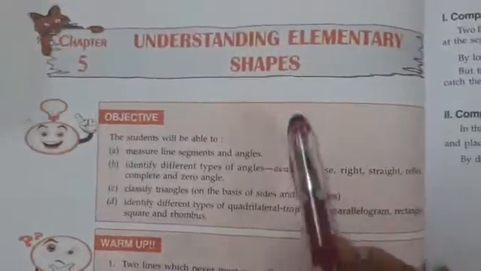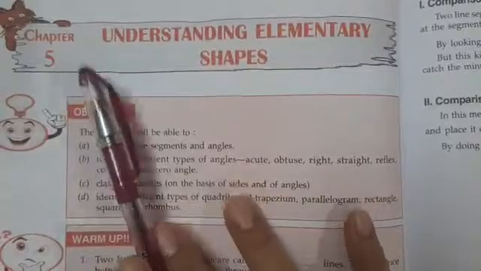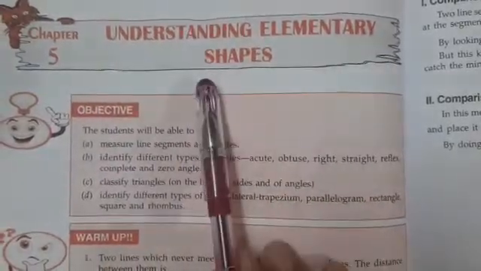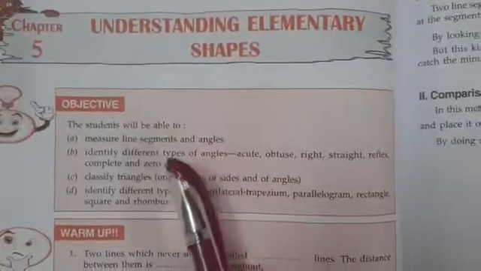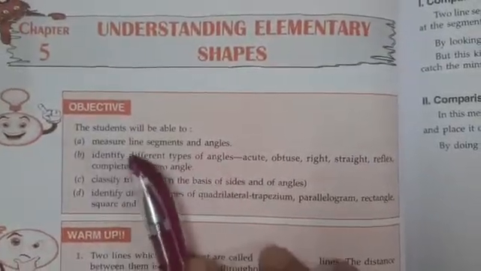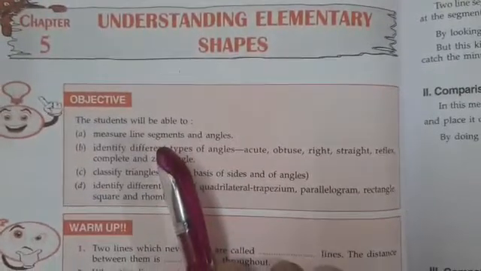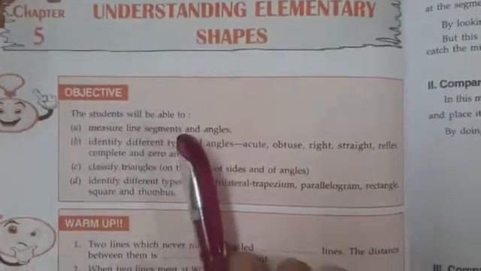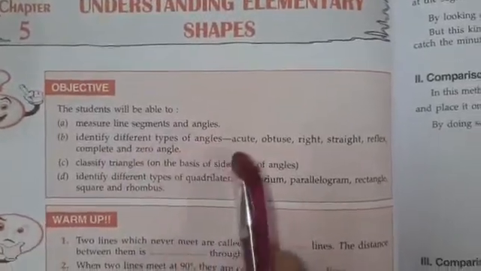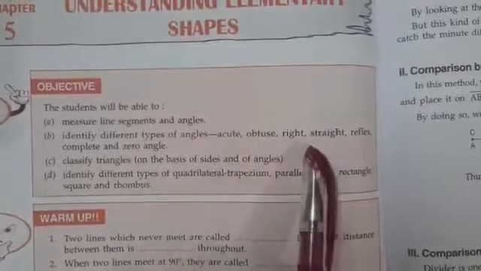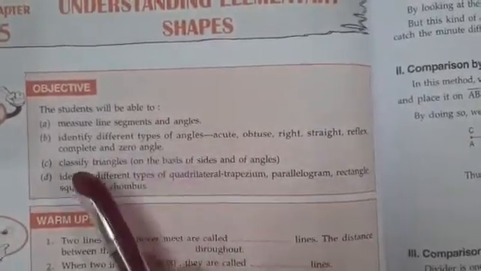Good morning, children. Today we are going to start our new chapter, that is chapter number 5, Understanding Elementary Shapes. The objective of this chapter is to make you aware about the measurement of line segments and angles, means how you can use different ways to measure a line segment, identify different types of angles, acute, obtuse, right, straight, reflex, complete and zero angle.